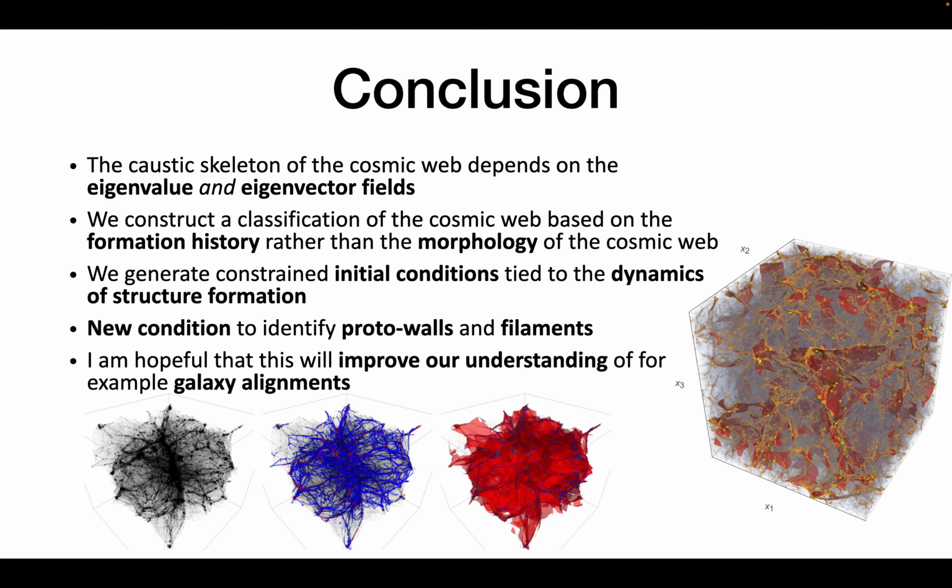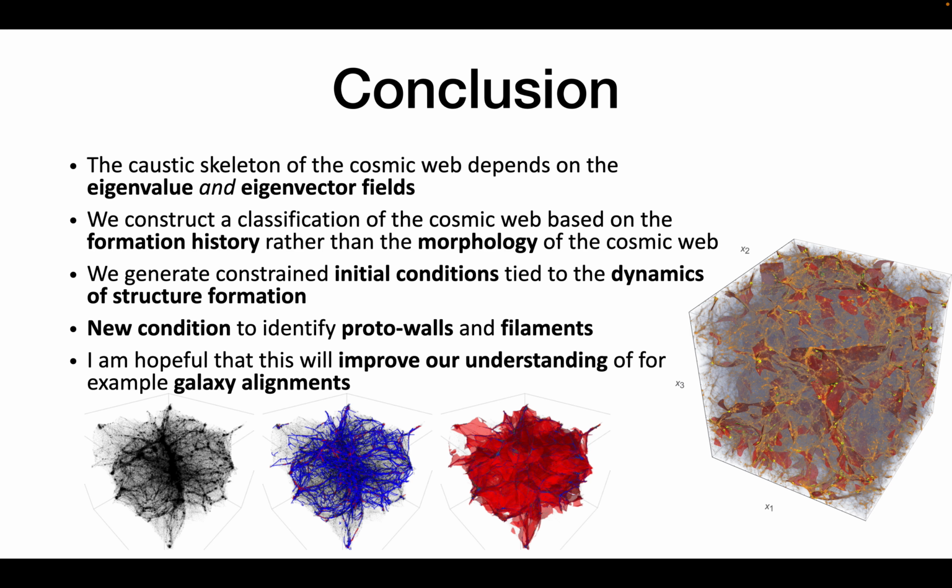And I really hope that we can in the future use this to improve our understanding of all kinds of parts of the cosmic web. So I hope that we can, for example, use this to, in more detail, refine the study of galaxy alignment and spin alignment and shape alignment of galaxies. But I also hope that we can use this in the end to understand redshift surveys, because whereas n-point correlation functions are very nice and predictive and well defined, they are not necessarily the best way of capturing the geometry of the cosmic web.